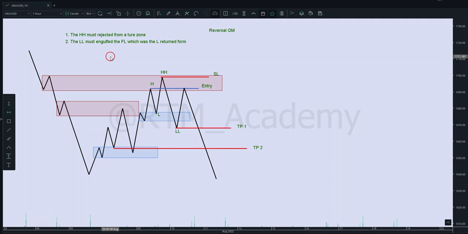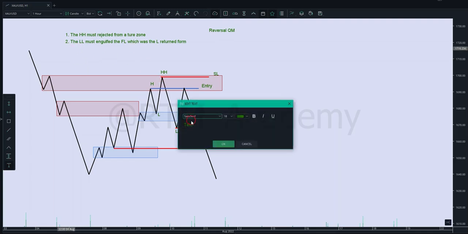So the third condition for having a good QM, a low risk QM, is that after the lower low, price should reach the QM level soon.